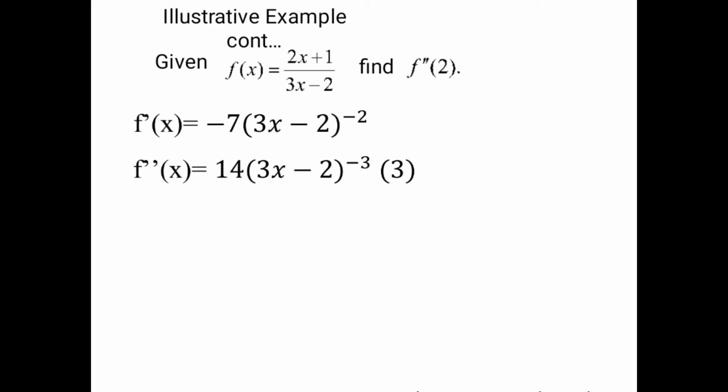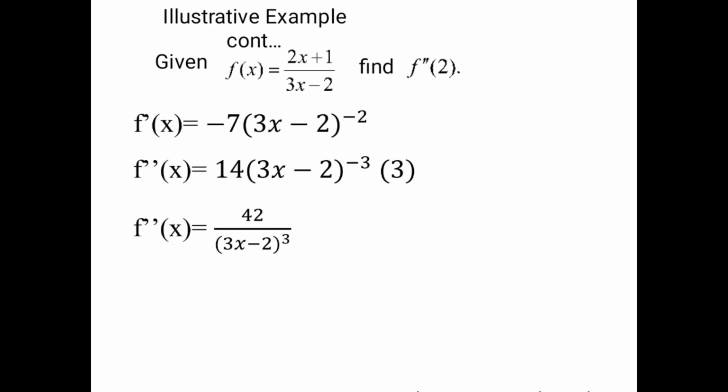That's why we have negative 3 as our exponent. And then multiply to the derivative of this quantity. The derivative of 3x minus 2 is 3. Next, we need to multiply 14 to 3. 14 times 3 is 42.